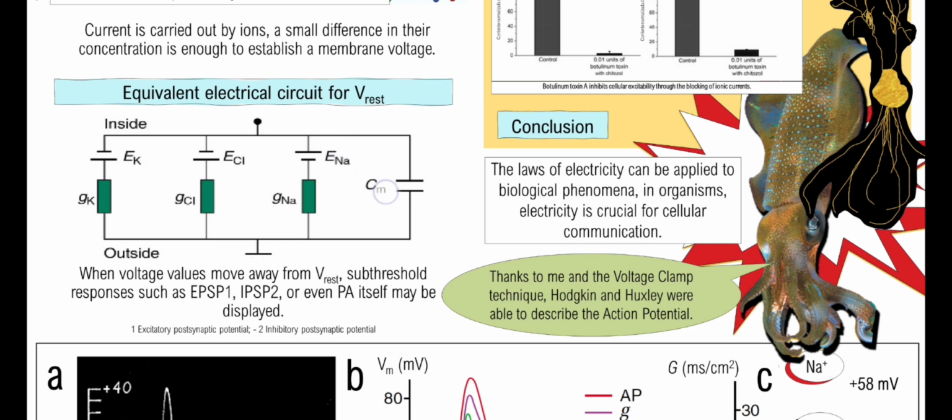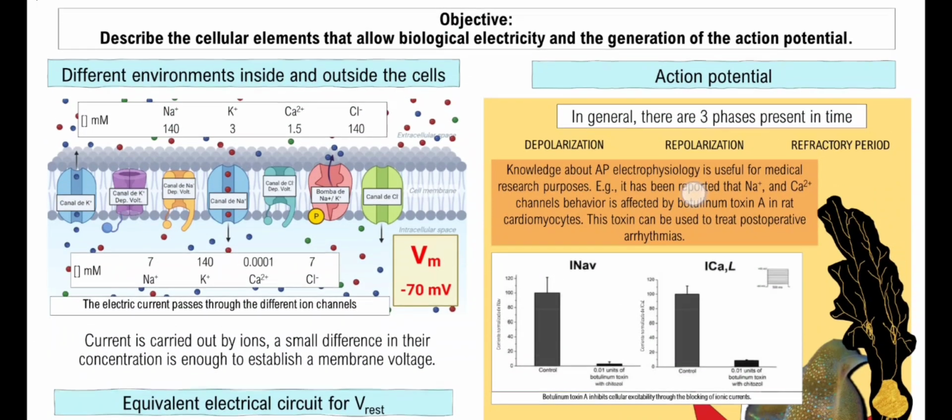And when voltage values move away from resting voltage, subthreshold responses such as EPSP1 or EPSP2, or even the action potential itself, may be displayed. Now let's talk about action potential.